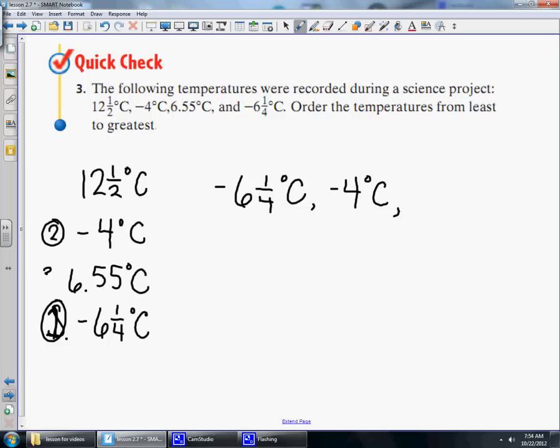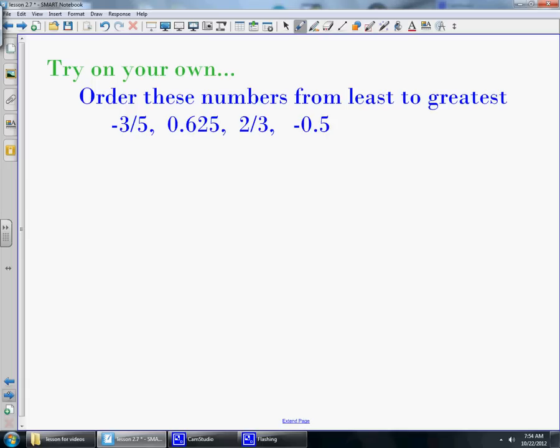Then number 3 would be 6.55 degrees Celsius. And then the last one, number 4, the highest temperature, is 12.5 degrees Celsius. So we put those in order from least to greatest. This next one I want you to try on your own and see how you do. Pause the video and turn it on when you're ready.